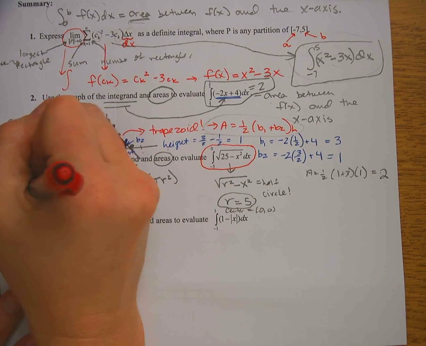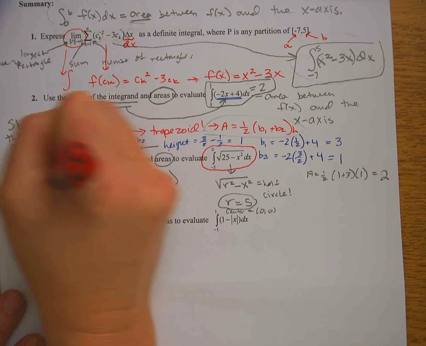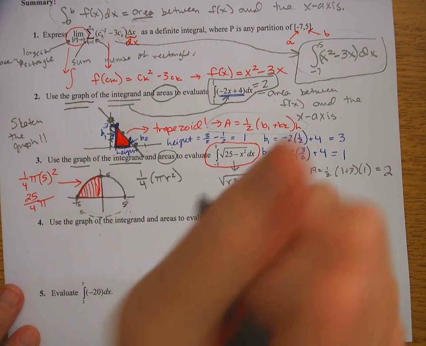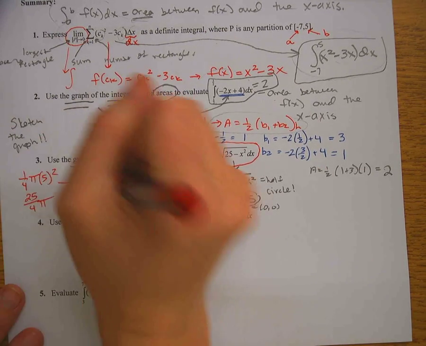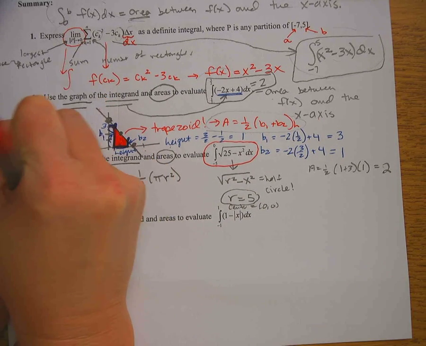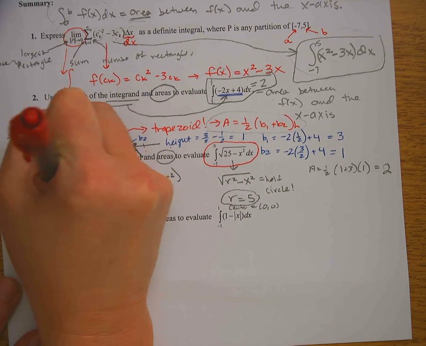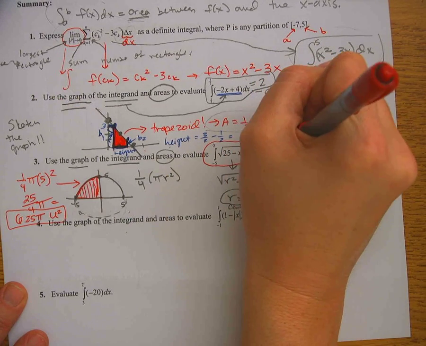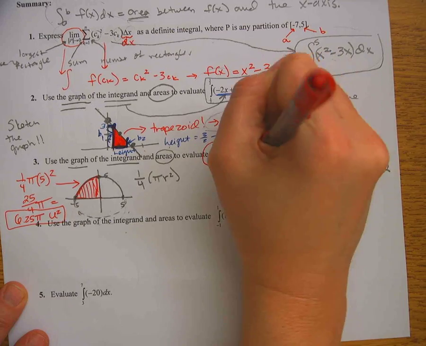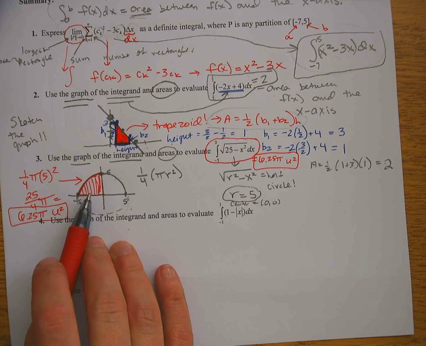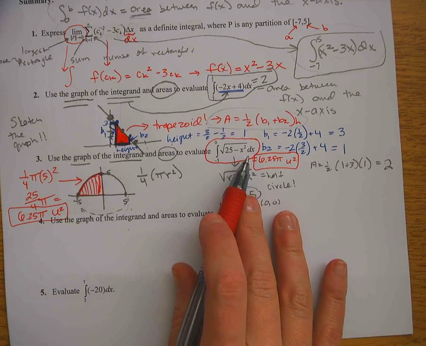So it's basically 25/4 pi, or we could say that is 6.25 pi units squared. And I'm done because I found that area. So once you've found the area, you have successfully evaluated the integral.